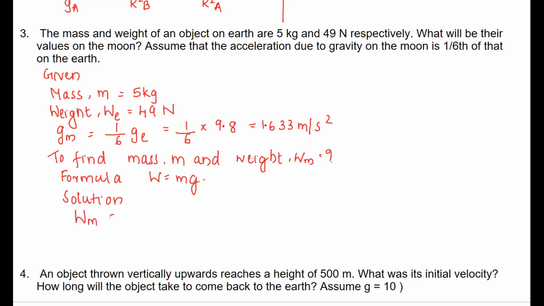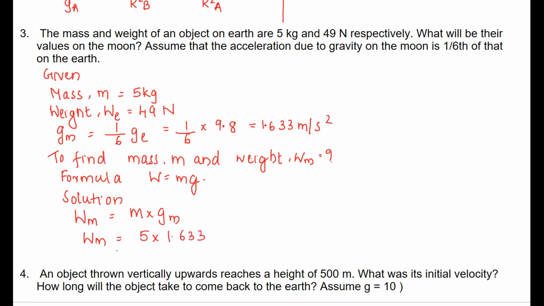WM is equal to mass into gravity on moon. That is, WM is equal to mass 5 into acceleration value we got, 1.633.